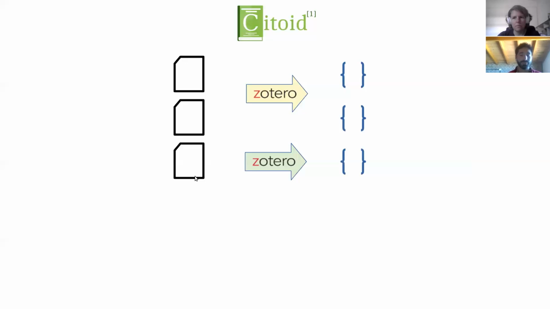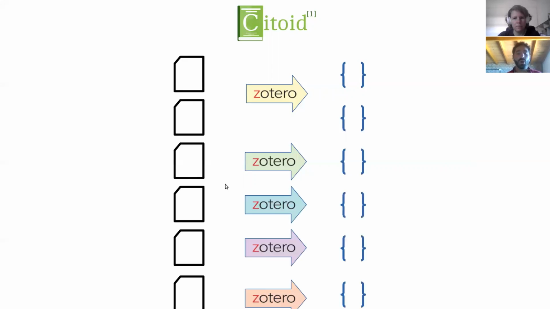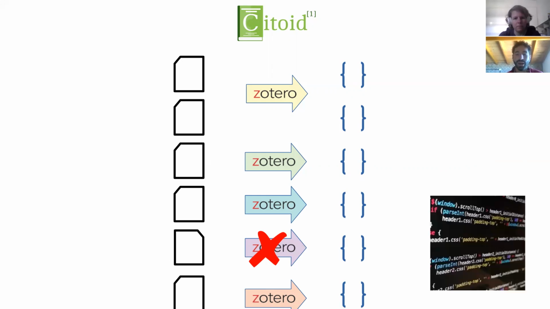And because we have so many websites, you need one specific translator for each of them. Also, if the website changes, sometimes even slightly, the translation would break. And even though contributing translators is open, doing so requires some programming skills in JavaScript. So it's actually not open to everyone.